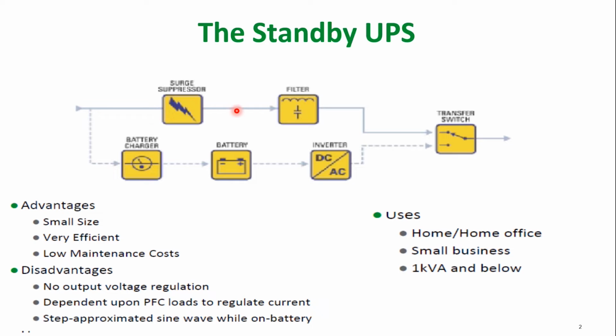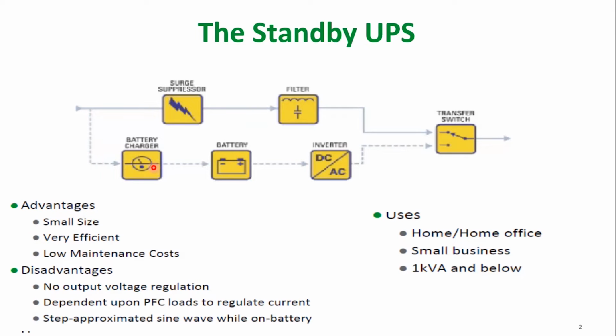In standby topology, when the power supply is available, the inverter section, the charger, and the battery section of the UPS are not involved. Whatever input power supply we get, the same, after filtration, we get at the output. No parts of the UPS are involved in this transmission.